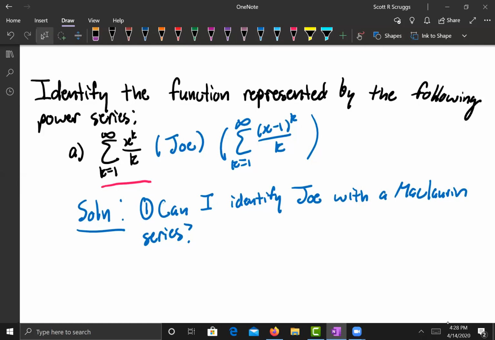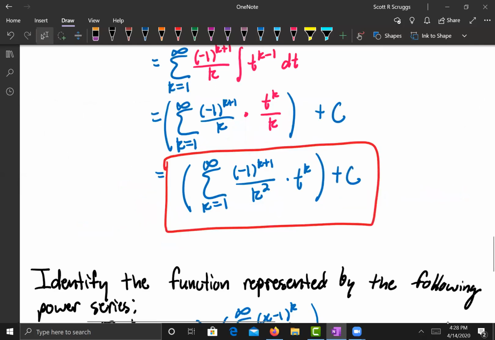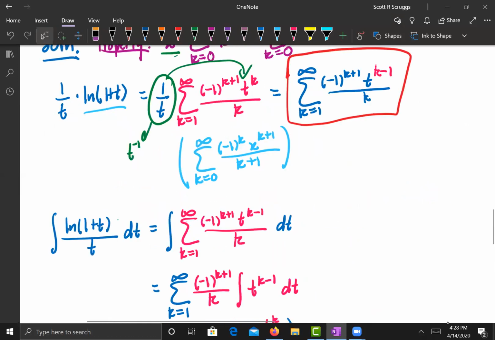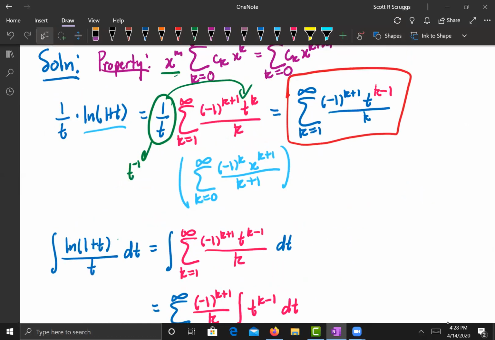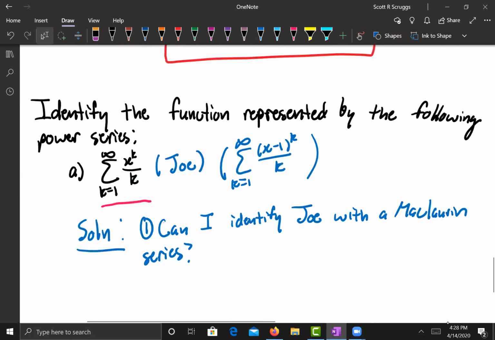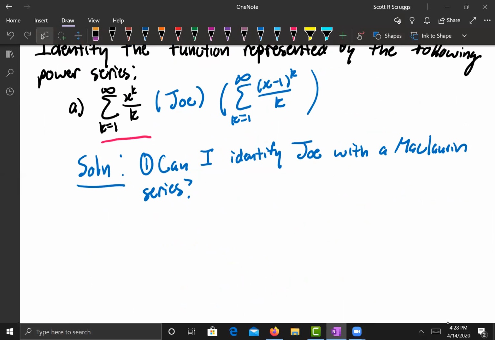Something that we've just done is, say we have a Maclaurin series that looks very similar to Joe, and that is the Maclaurin series for natural log of 1 plus t. I'll go ahead and tell you the Maclaurin series, and I'm going to try to marry it with Joe.